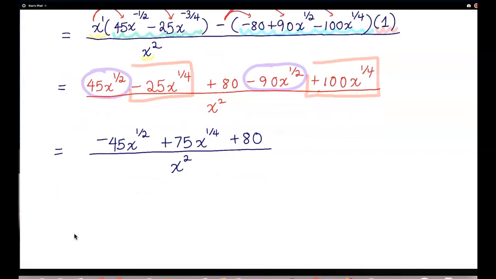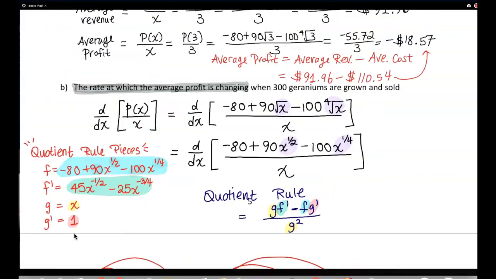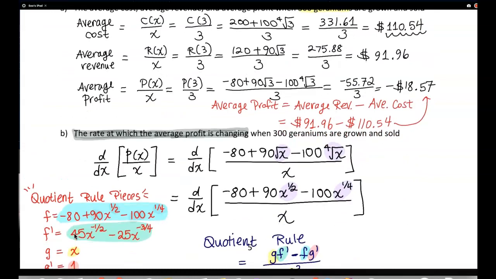So guess what? We just found the derivative of the profit function, didn't we? This is awesome. Now what do we do? We're going to go ahead and now plug in 3. Why? Because they want you to find the rate at which the average profit is changing when they are growing and selling 300 geraniums, and x stands for the number of hundreds of geraniums.